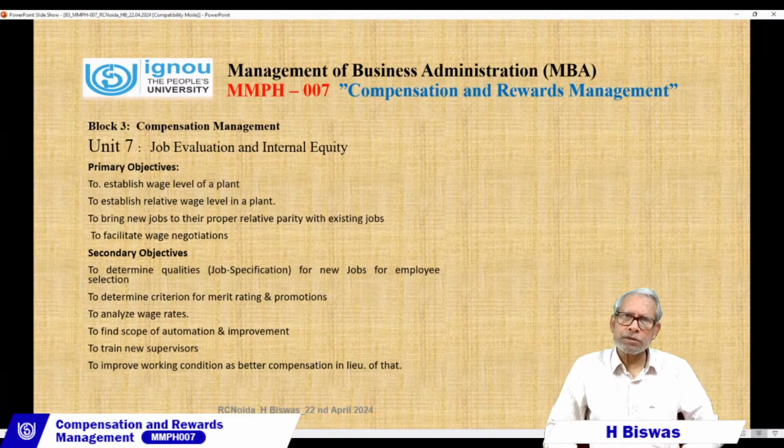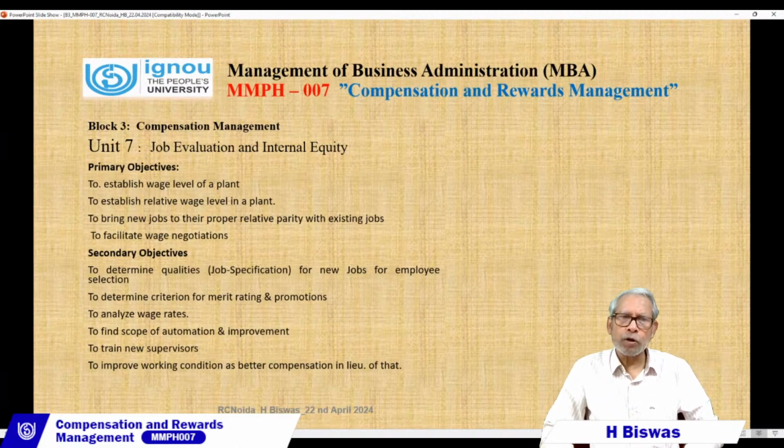Now the secondary objectives are basically to determine the qualities required for new jobs for employee selection. Then the criteria for merit rating and promotions has to be determined. Analyze the wage rates, what rates have been fixed, that has to be analyzed.